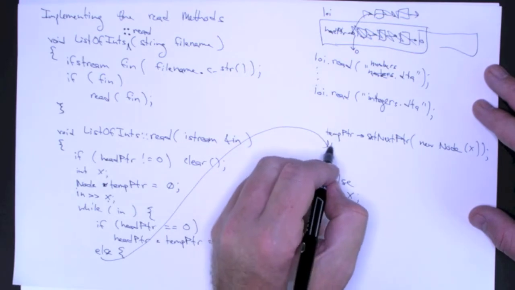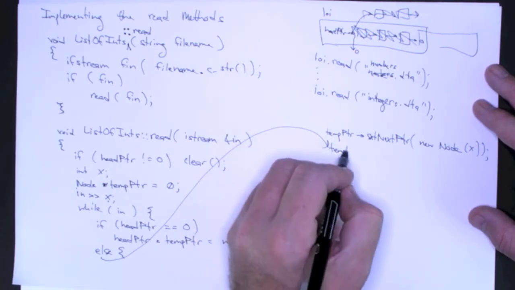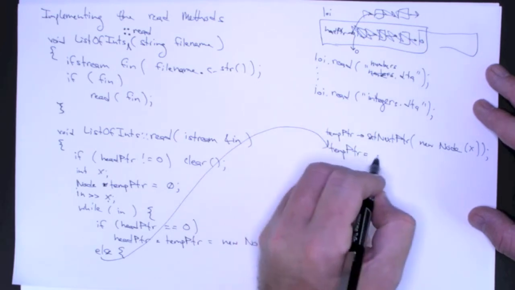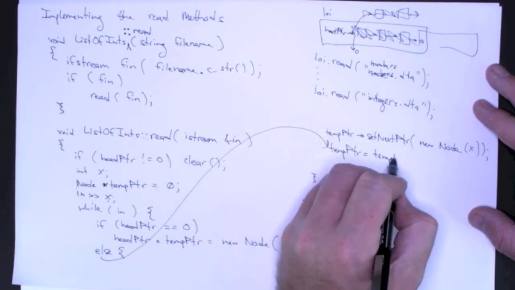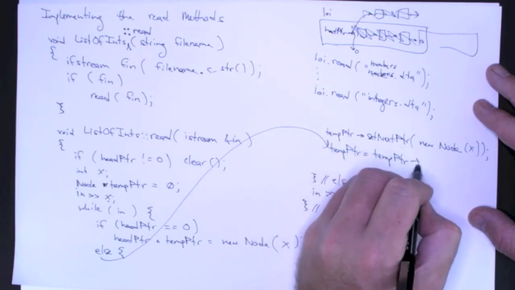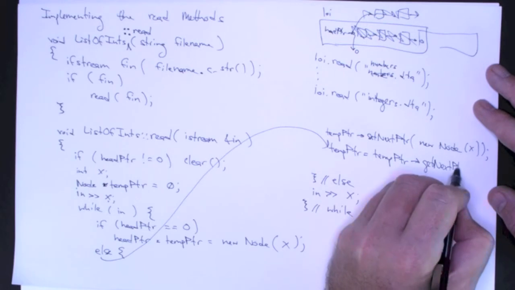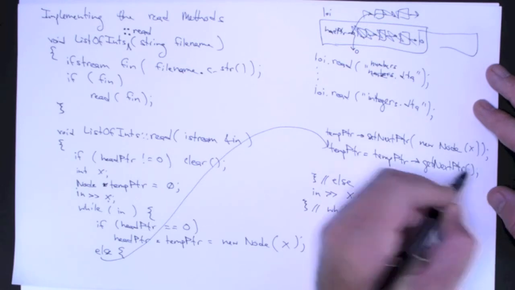Now I can advance temp pointer by saying get next pointer. Just like that.